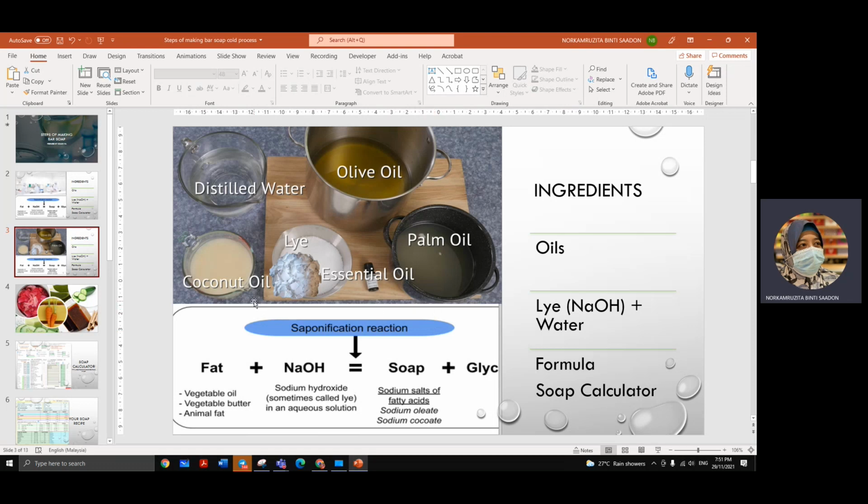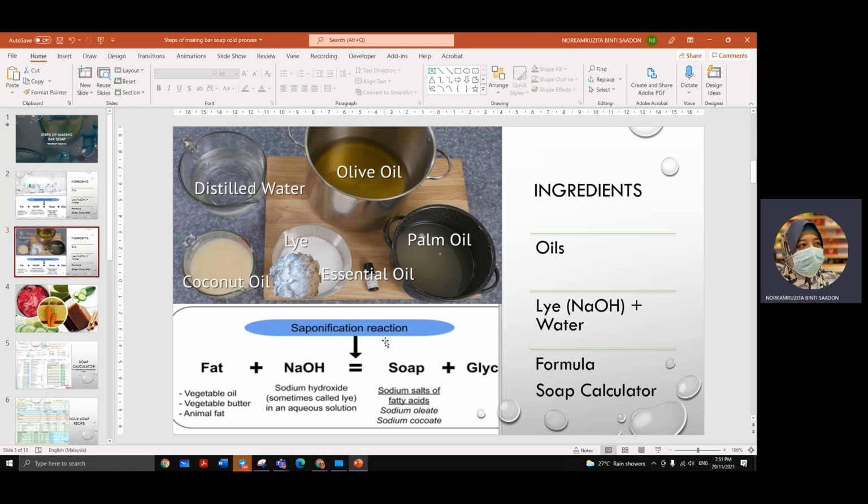Next is the coconut oil. You can Google later what the function of these particular oils is. In the production of soap, the coconut oil acts as a cleanser.